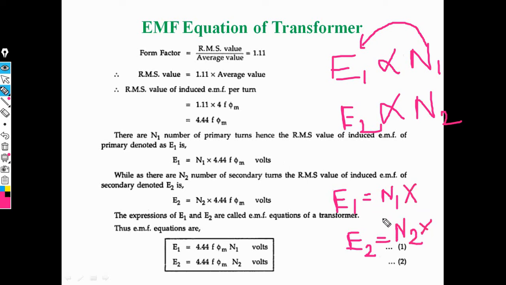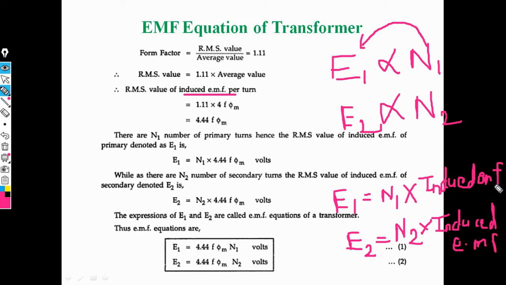But here these N1 turns depend on the induced EMF, that is, we need the induced EMF in N1 turns, and also the induced EMF in N2 turns.